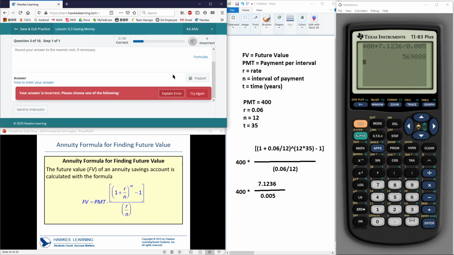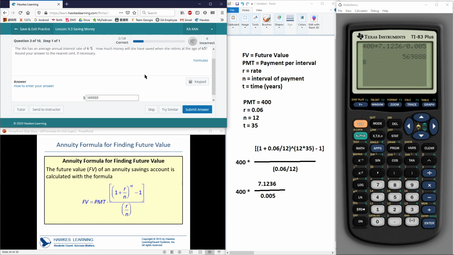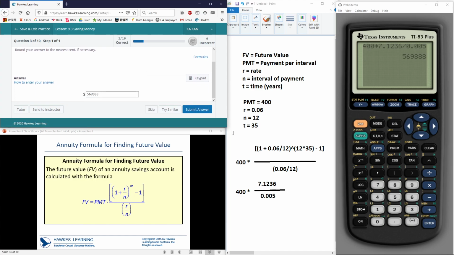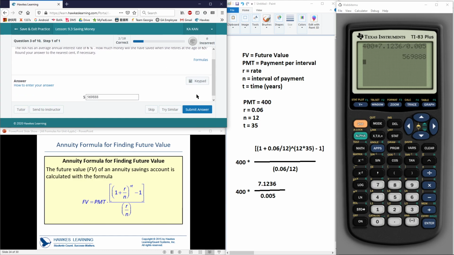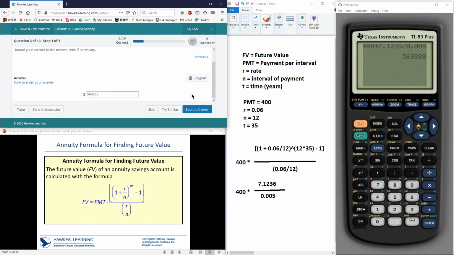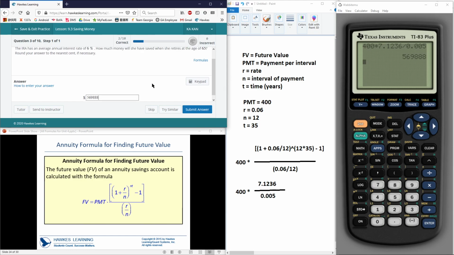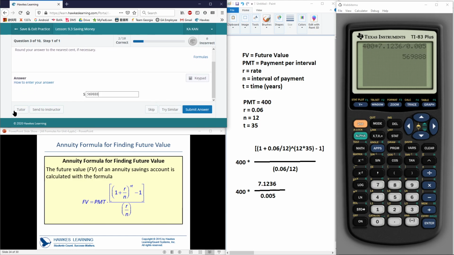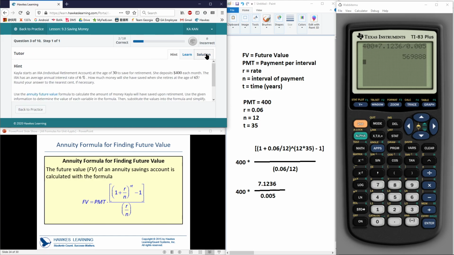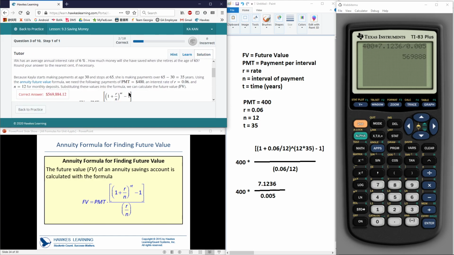Let me see. 6%, 35. Just to be safe, what I would do is look at the answer just to check. Sometimes you see how this is so close to the other.